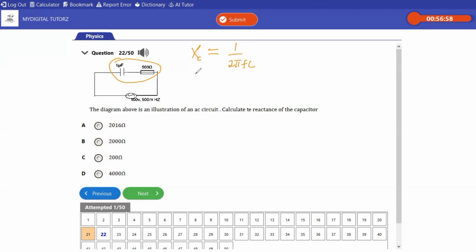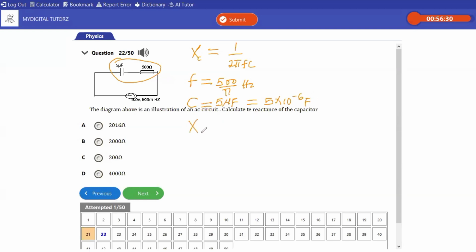Given that the frequency F is equal to 500 all over pi, the unit is hertz, so we are given the frequency. It's a question of inputting it. Our capacitance is equal to 5 microfarad, which is equivalent to 5 times 10 raised to power minus 6 farad. I hope this is clear.